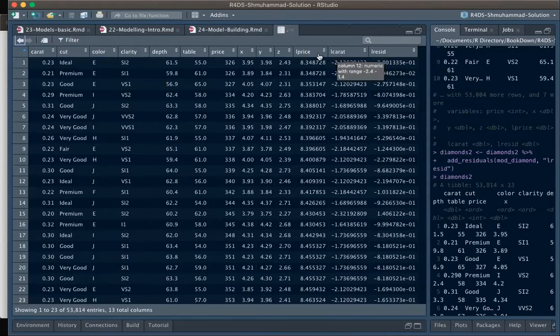We override the previous value of diamond2, and now we mutate another value in it and add log residuals. We already have these variables from the original diamond dataset. These are the new columns we added: this is the log of the price, this is the log of carat, and this is the log of the residuals that we have just computed.